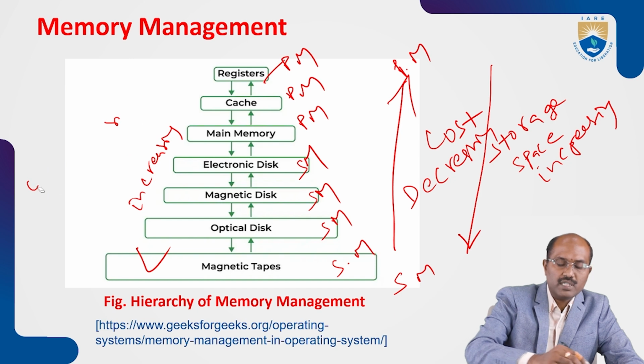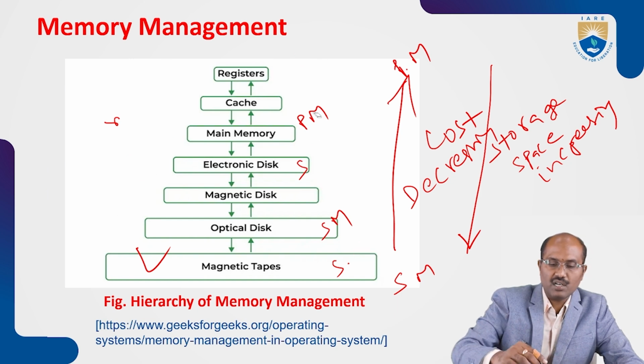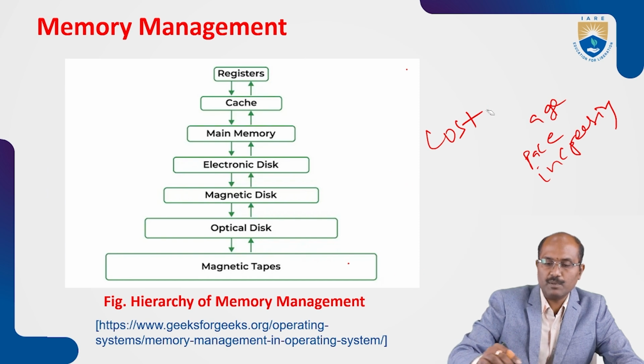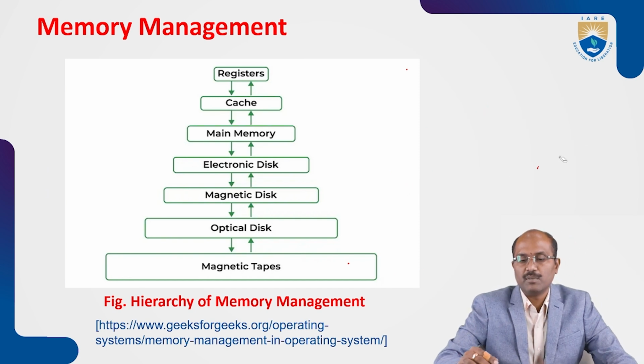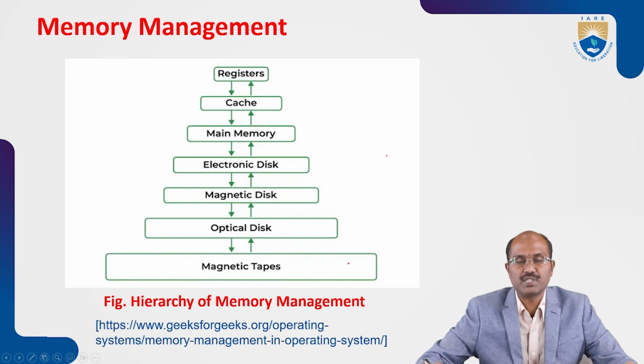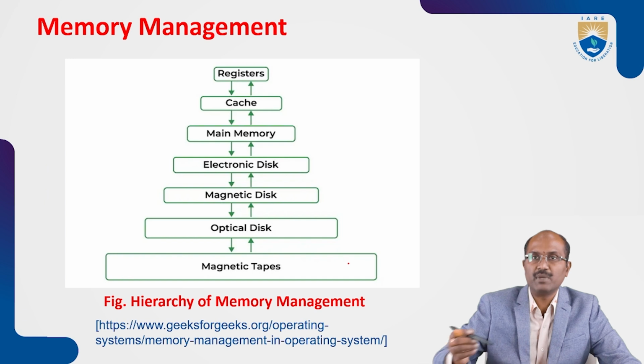So this is the hierarchy structure of the memory devices, and we discussed it from the registers to magnetic tapes and from magnetic tapes to registers, that is, secondary memory to primary memory.